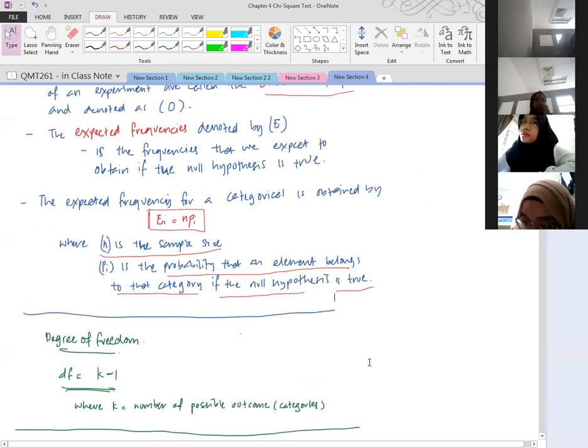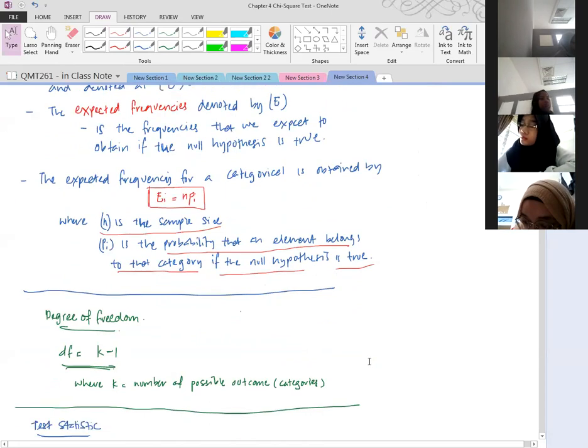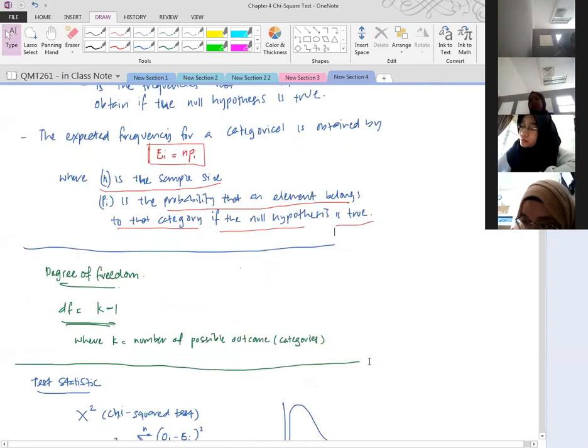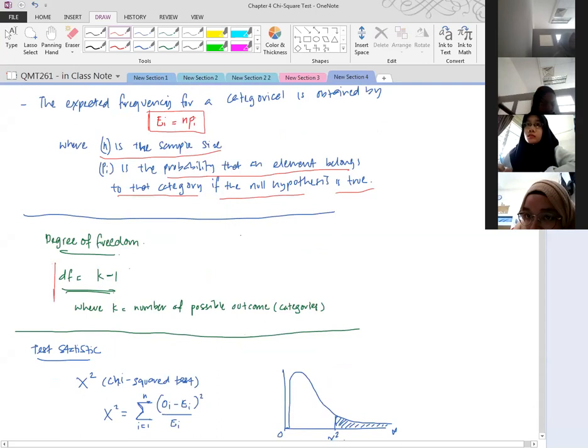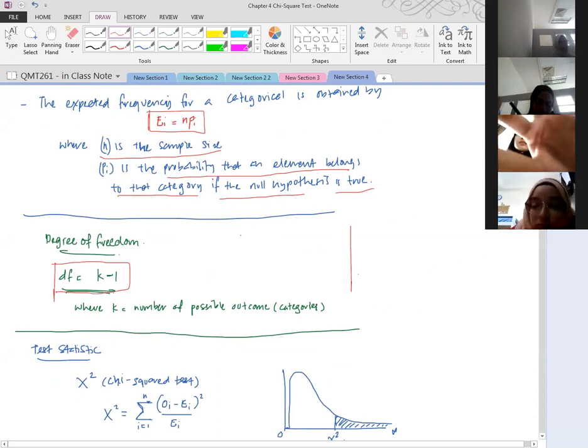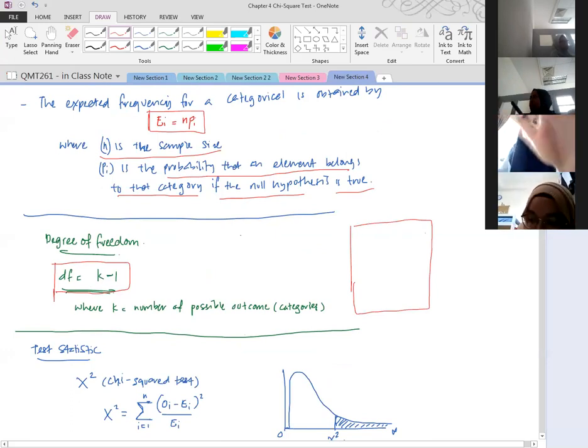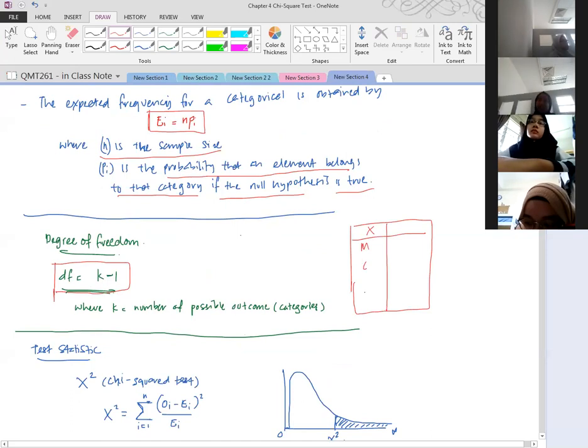The next thing that we need to know is the degree of freedom. The degree of freedom for a chi-squared goodness of fit test is k minus 1, where k is the number of possible outcomes. Let's say this is a frequency table with X as Malay, Chinese, Indian.